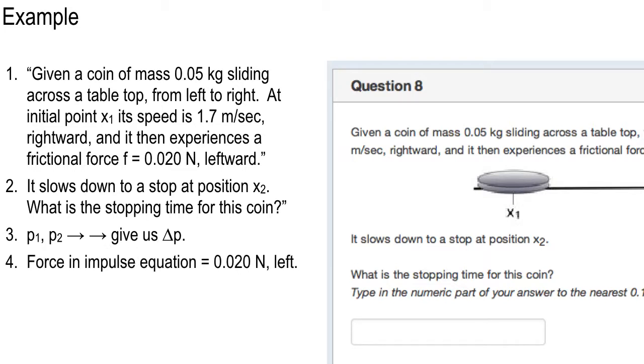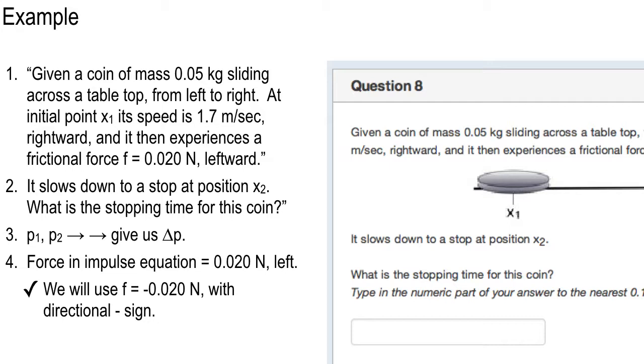And the force on the left side of the impulse equation is 0.020 newtons to the left. And as I mentioned before, we're going to use negative 0.020 newtons in our impulse formula.